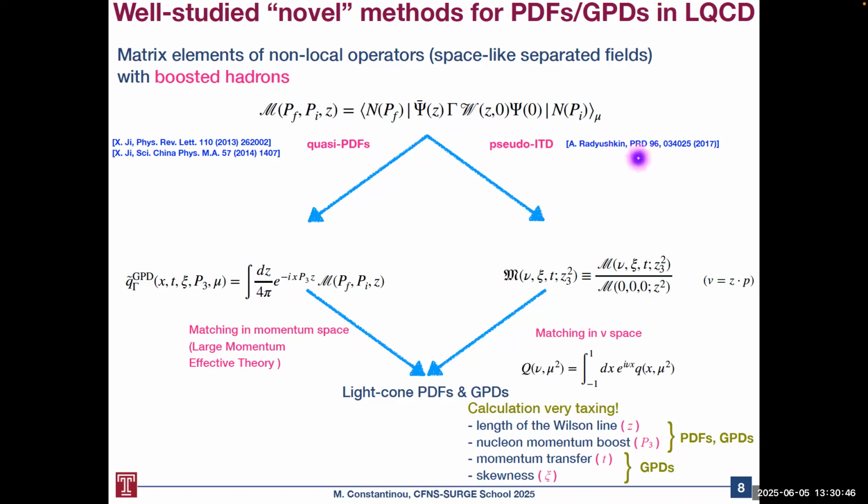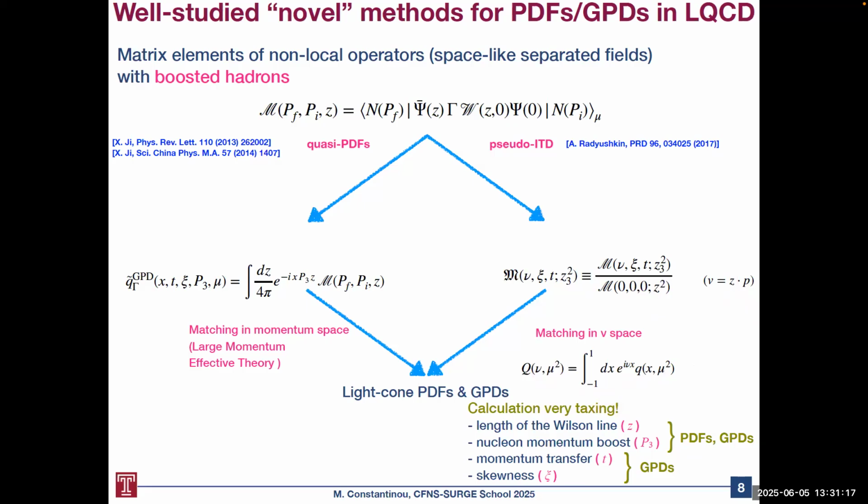Anatoly Radyushkin's idea came a bit later that says, wait a minute, instead of doing that, I can do something else that is equivalent, which is basically introduce the so-called Ioffe time, which is the product z times P. You then do a Fourier transform from that Ioffe time, which is no longer z, but is z dot P, and from that you can get the x-dependent quantity.